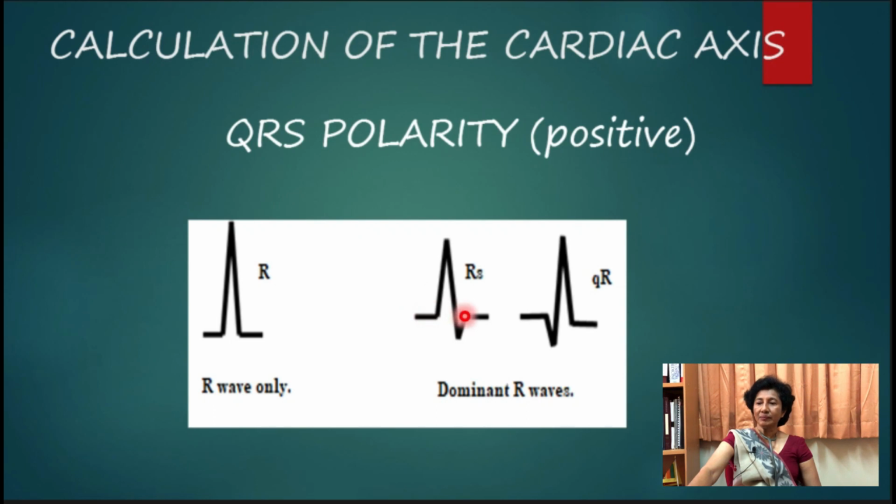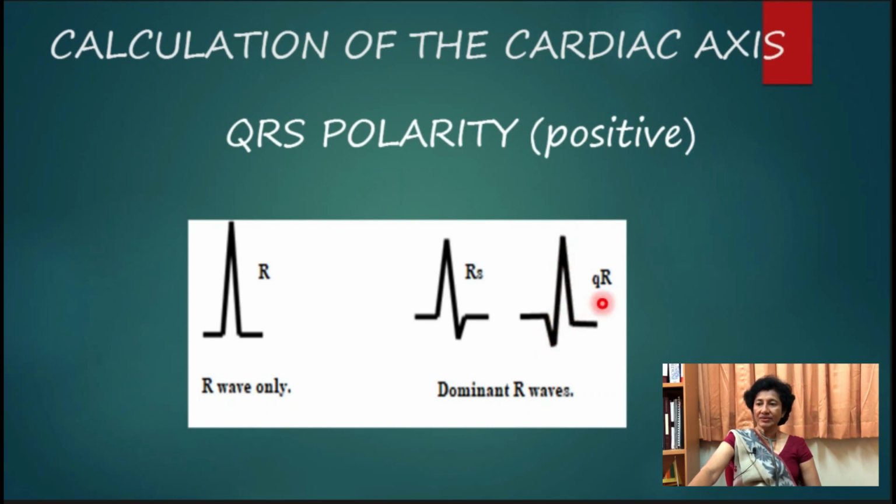Coming to the second complex, you can see a dominant R wave with a low amplitude S wave. It is termed as capital R simple S. In this complex, again the polarity is positive and the vector of this complex is upwards. Coming to the third complex, you can see again a dominant R wave with a low amplitude Q wave.